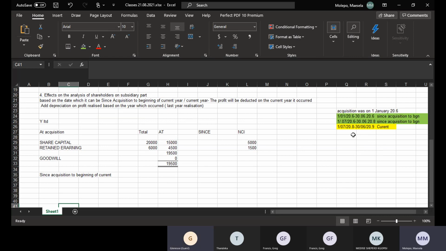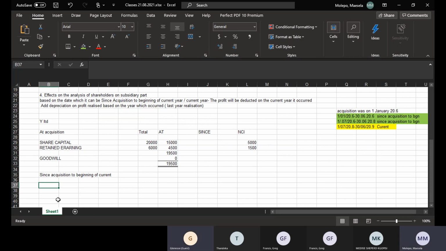So it means it falls somewhere in this category, under the since acquisition to the beginning of the current year. So we have to go to the profit which they made. How much was the profit made on that transaction?